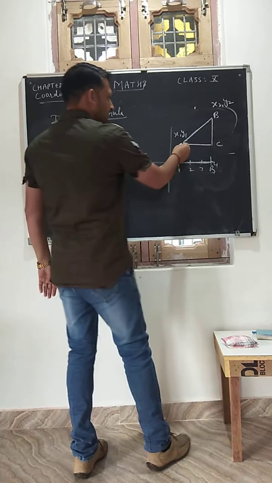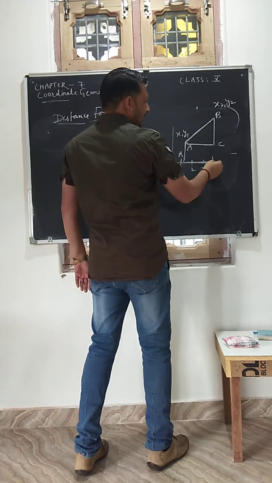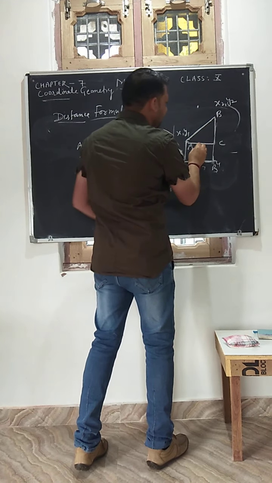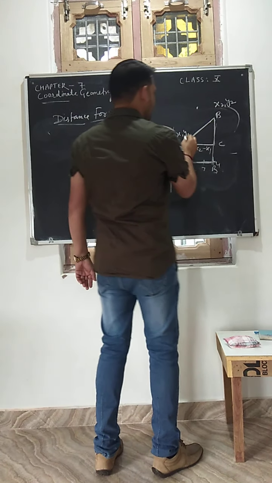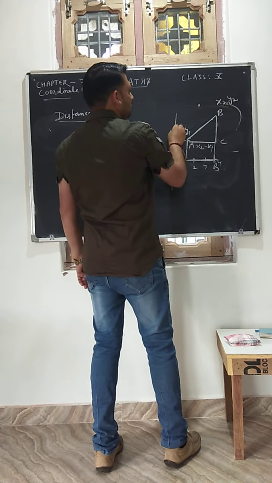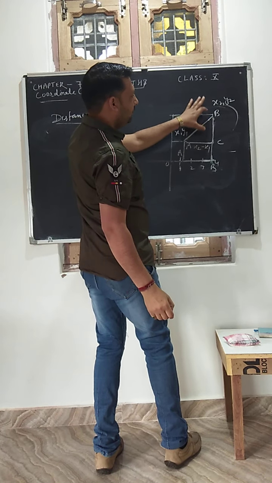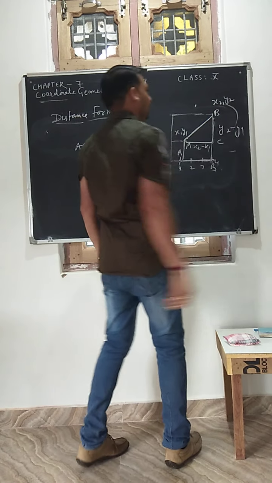Now see, x1 is here, the x coordinate, and x2 here. What will be the distance? This will be x2 minus x1. And for this distance, look at y1 height here and y2 height there. We subtract y1 from y2. This distance is y2 minus y1.